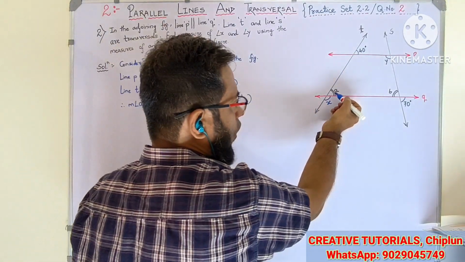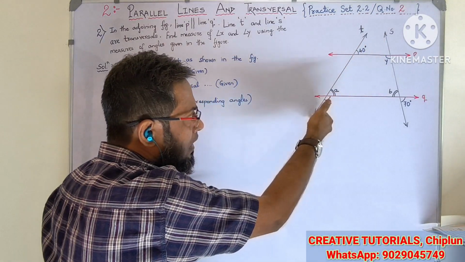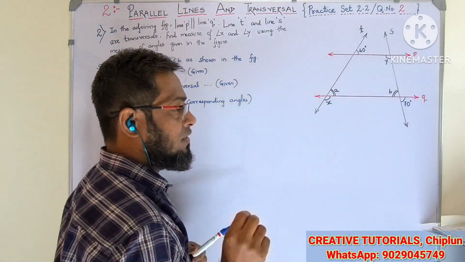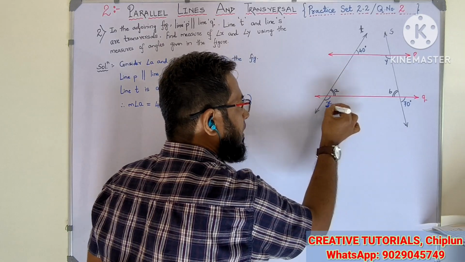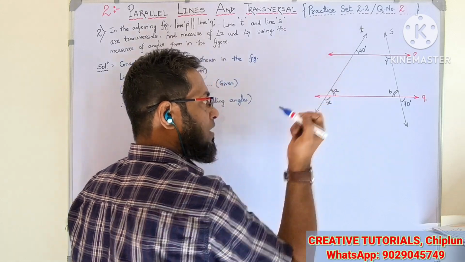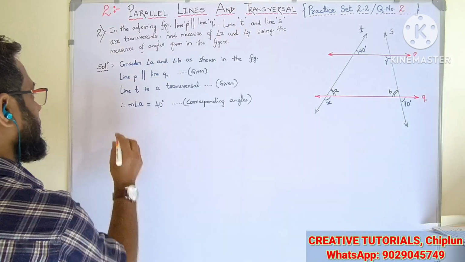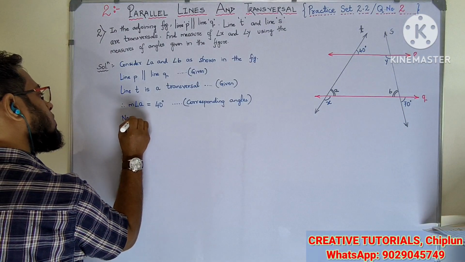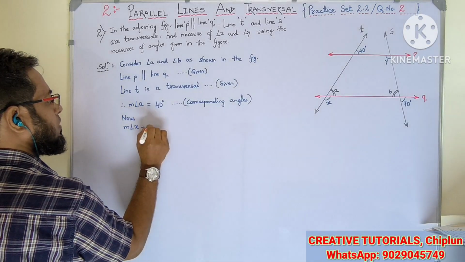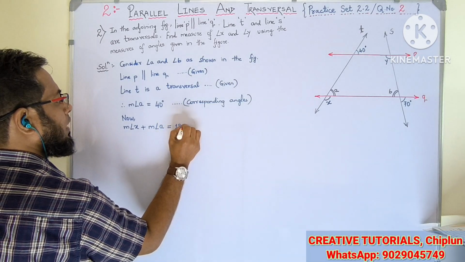Now we have got measure of angle A. You will see that this is one line, and line Q is cutting this line at this point. That means this entire angle is getting divided into two angles, one is angle A and one is angle X. That means they are forming a linear pair. Now, measure angle X plus measure angle A is equal to 180 degrees.